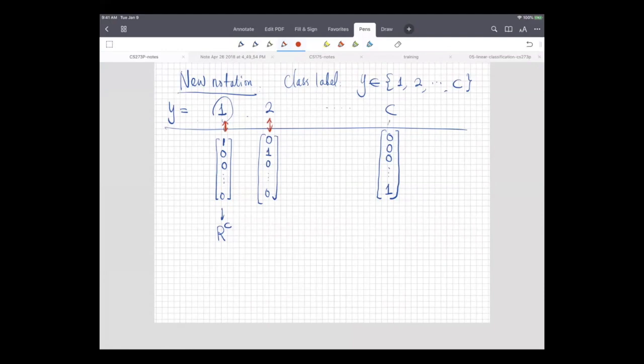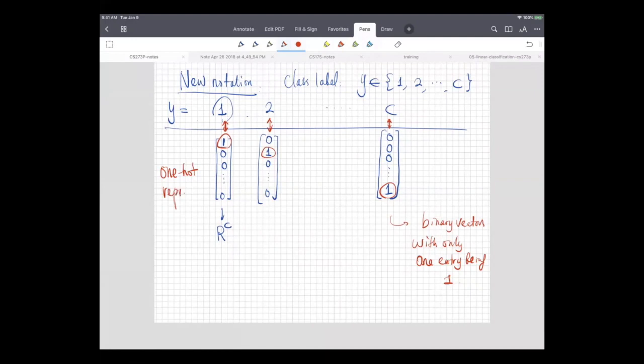The only difference is that these are binary vectors with only one entry being 1. Precisely, in these vectors all entries are 0 except one entry, which is 1. And these are called one-hot representations of the class labels.